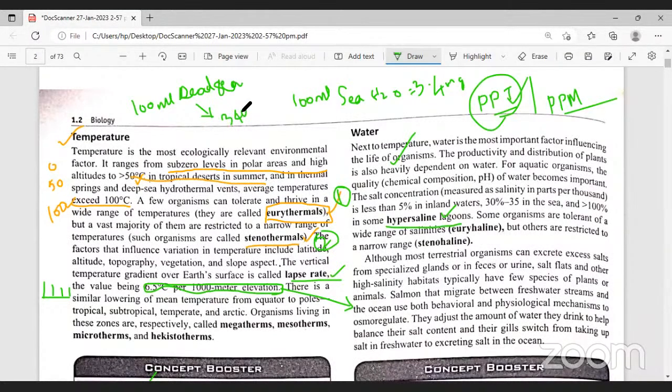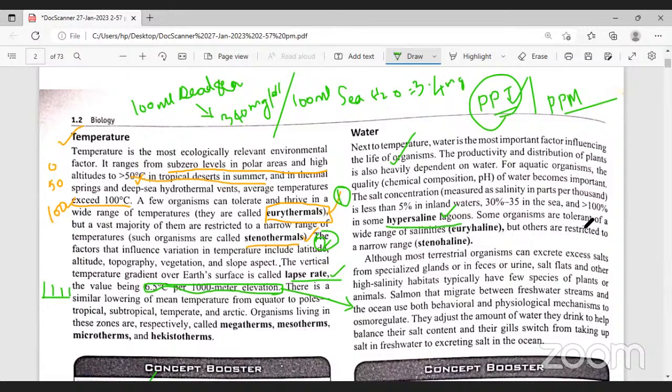Don't forget, my dear, 340 milligram per dl. 100 ml is denoted as a deciliter. That is the difference. Here, 100 ml of seawater contains 3.4 mg of salt. This is normal. Here they have given hypersaline, which means the Dead Sea. How much salt is present in it? 340 milligram per deciliter. Compared to this, it is 100 times more than normal seawater. That is the hypersaline lagoons.